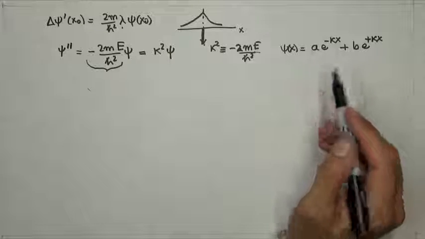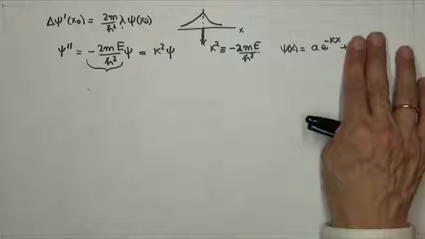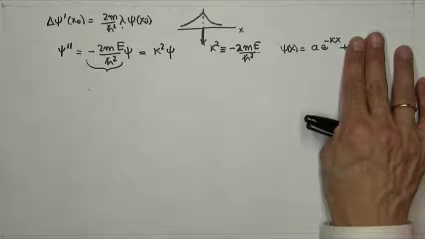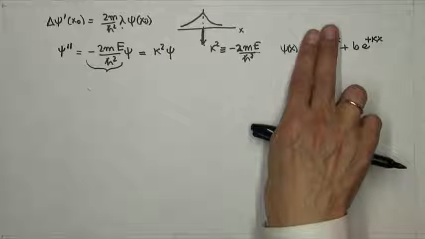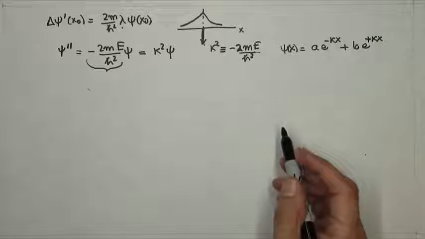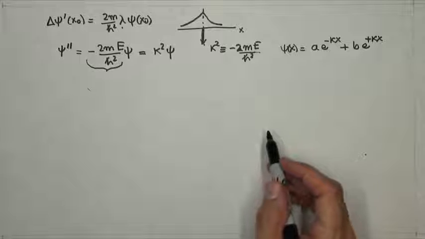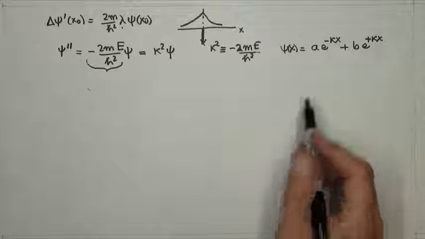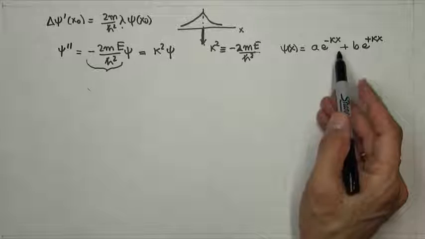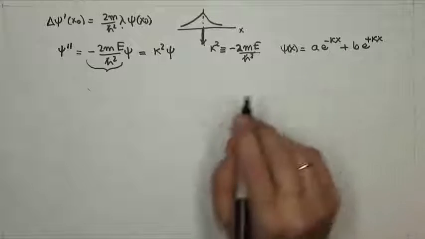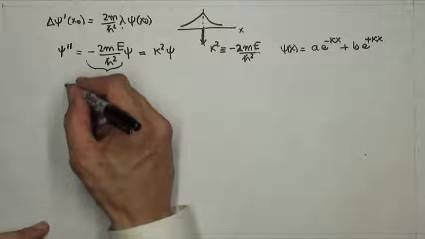Suppose only one of the terms is there, like this one: it vanishes at x very, very large. This one vanishes at x very, very small. But when both are present, the wave function can only vanish at a single point in between.